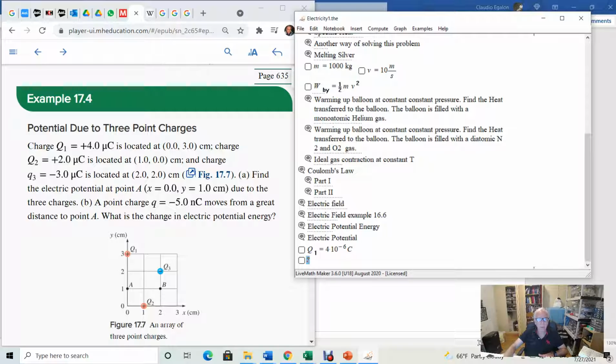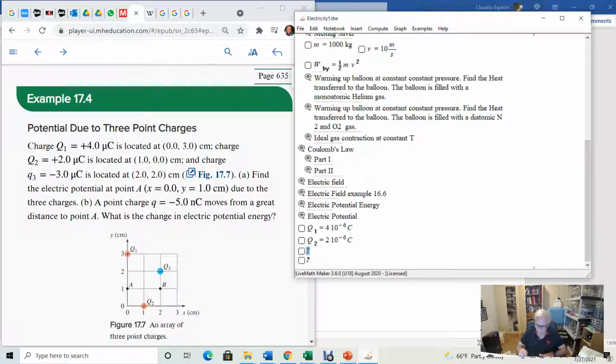Q2, 2 times 10 to minus 6 coulombs. Q3, lowercase q3, minus 3 times 10 to minus 6 coulombs.